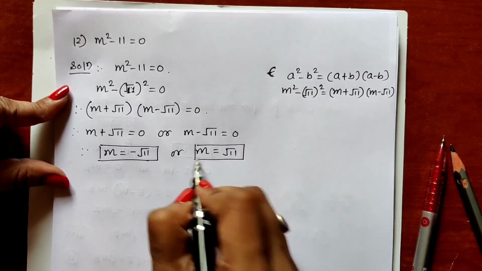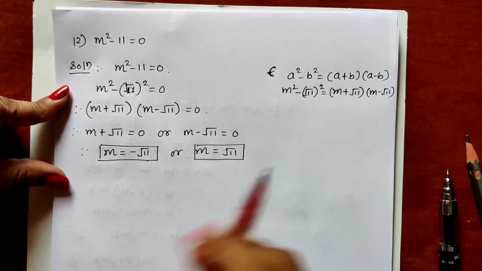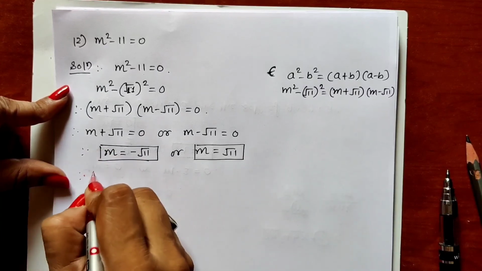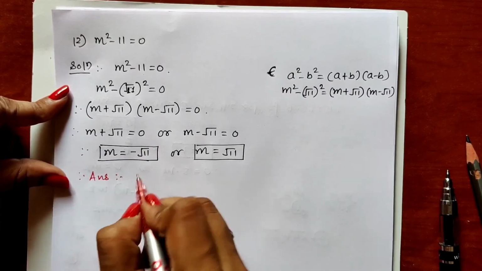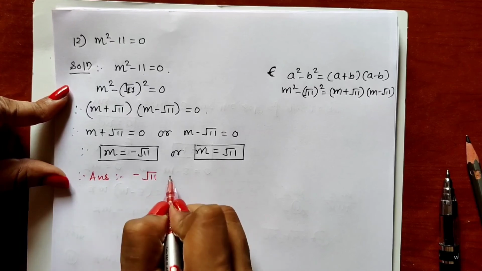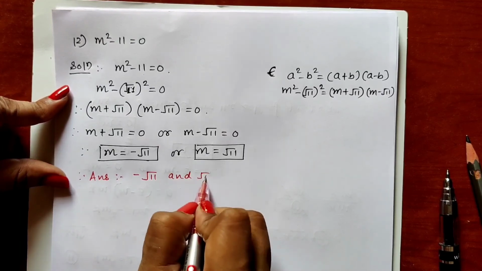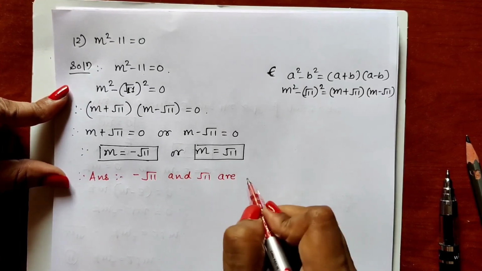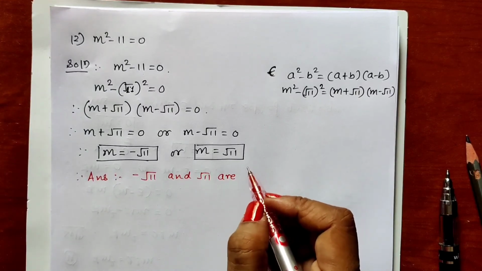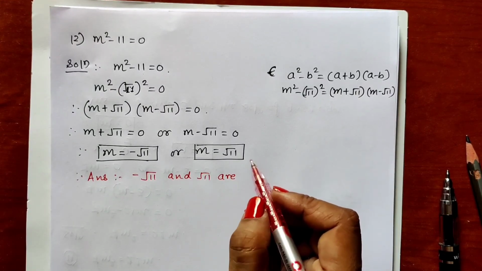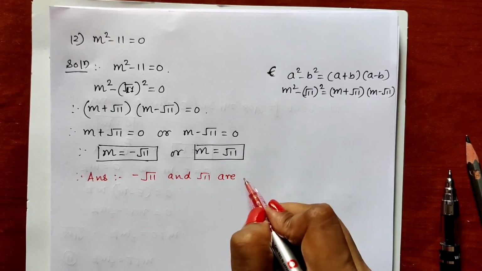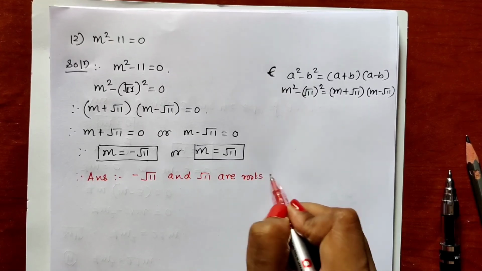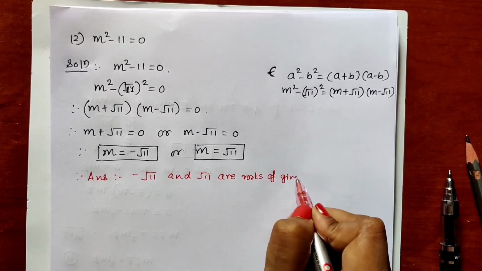These will be the two values, and hence the answer is minus square root 11 and square root 11 are the roots of the given equation.